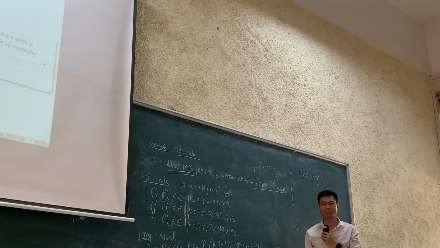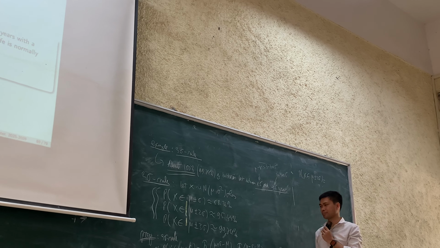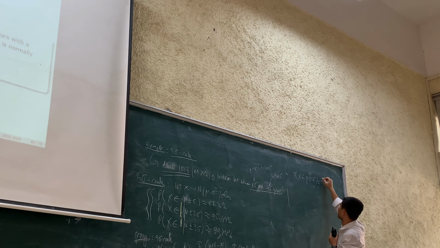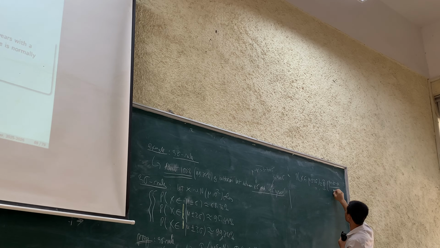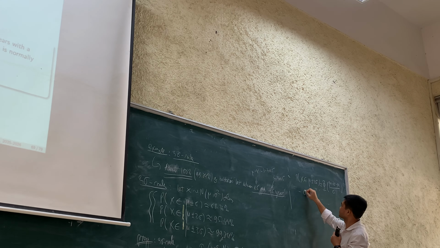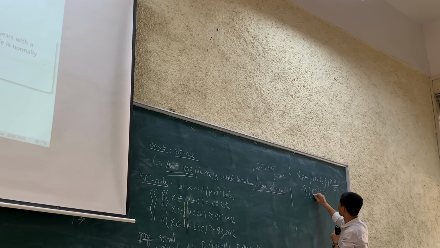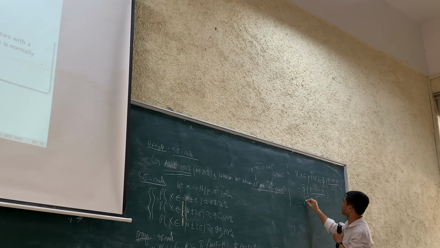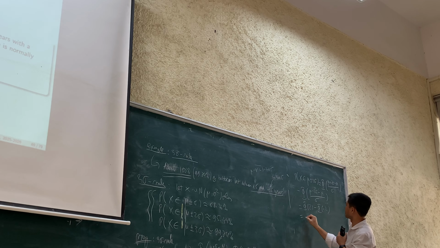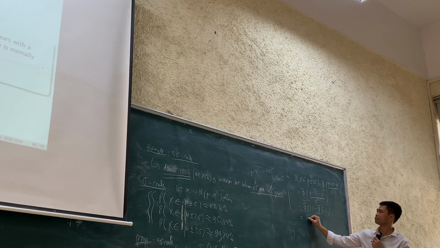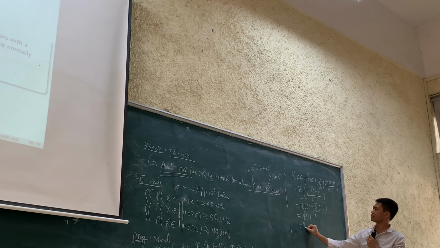So phi 2 minus phi minus 2, which is 2 phi 2 minus 1.